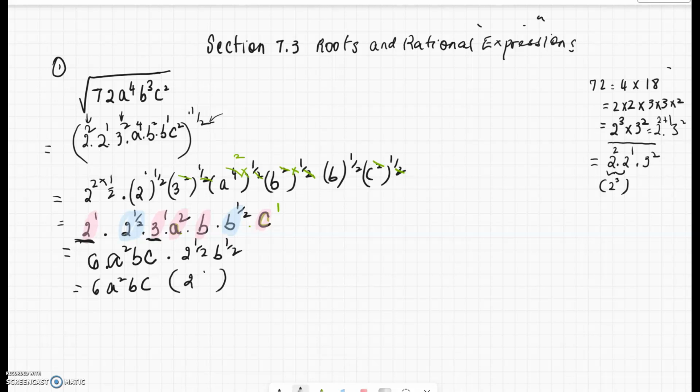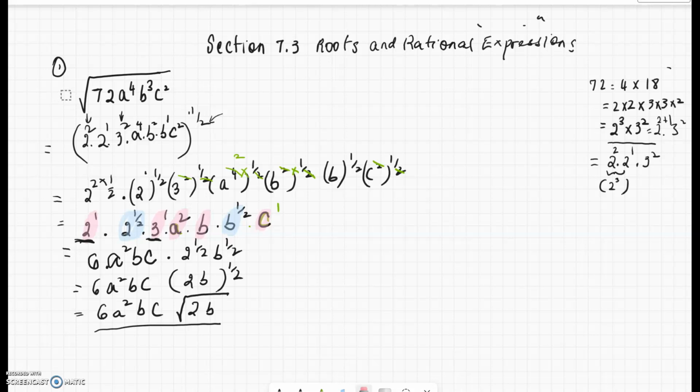That's the same as 2b whole to the half. Now we are combining the terms, and that's going to be the square root of 2b. So this is the simplest possible way in which we can write the final answer.